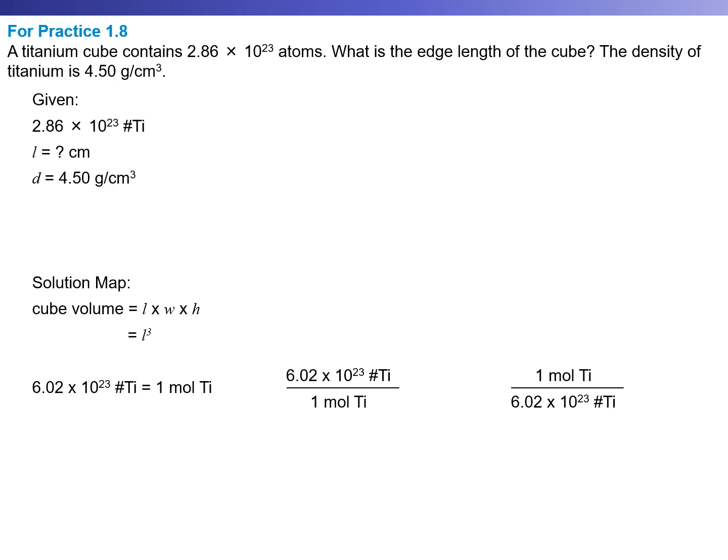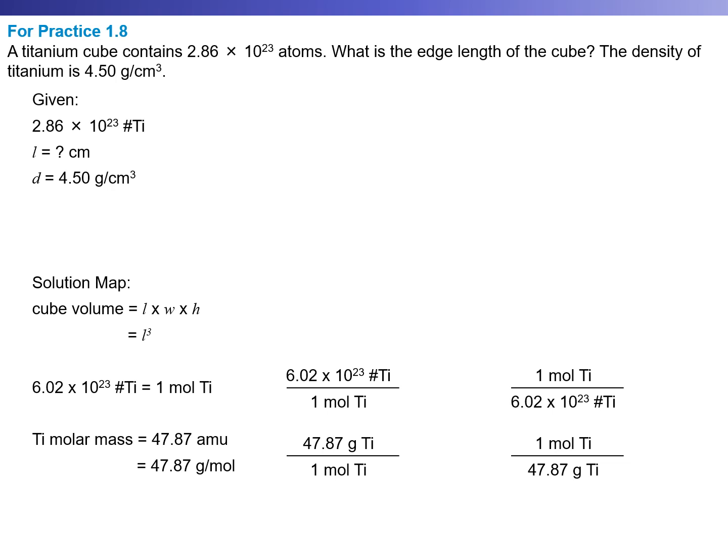All right, so if we get out of atoms and into moles, then we need to find a way to correlate moles with something else, maybe like grams. So we're going to take molar mass, which is equal to grams per mole, and in this case for titanium it ends up being 47.87 grams per mole. Now we're correlating grams and moles, which means that we can put the grams on top and the moles on bottom, or the moles on top and the grams on bottom.